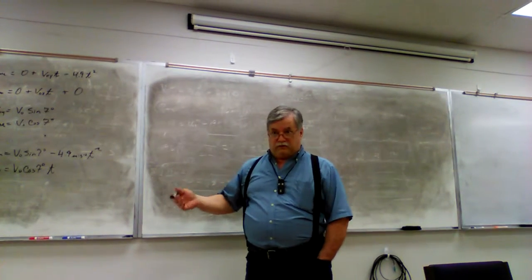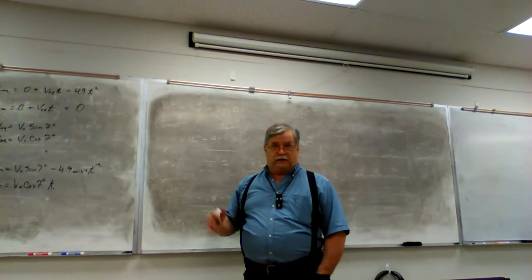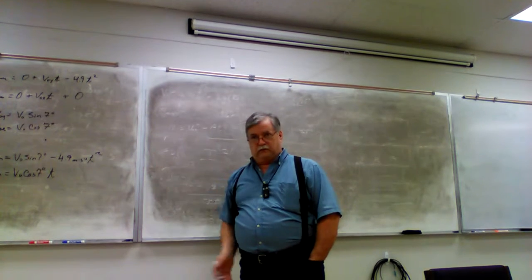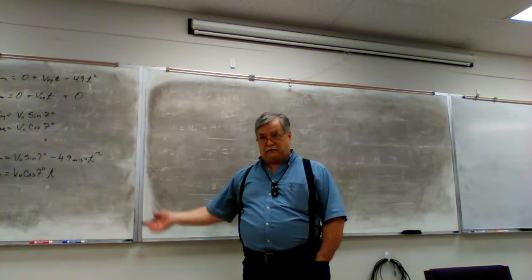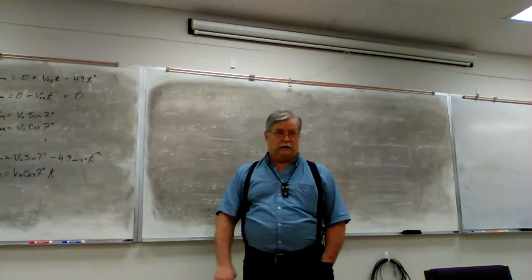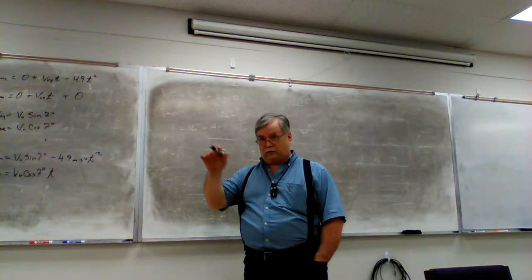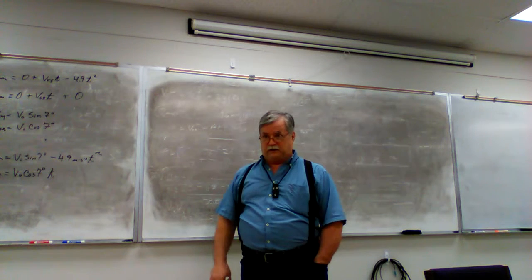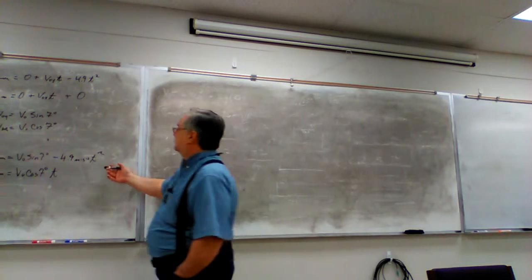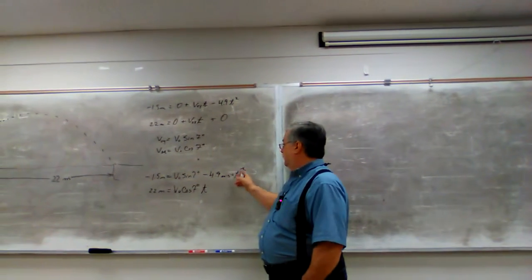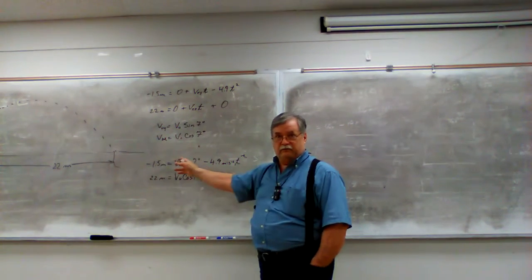We already solved the first part where it was left horizontally, and that was no problem. All we had to do was find the time it took it to fall, and then we used it because there was no vertical component to its velocity. So this had no unknowns, only the one unknown in it. We solved for t.